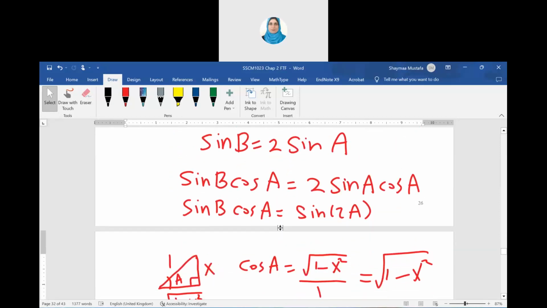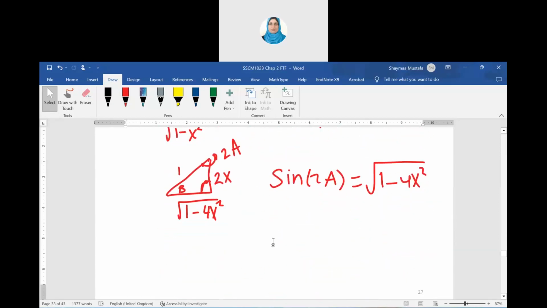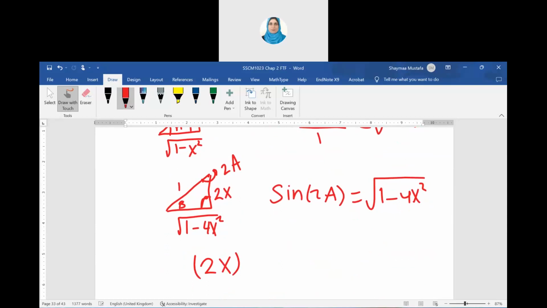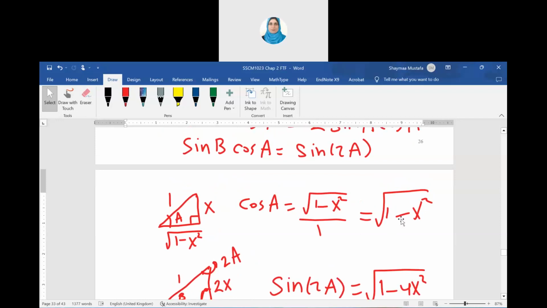Sine B cos A. Sine B is 2x. Cos A is the root of 1 minus x squared.